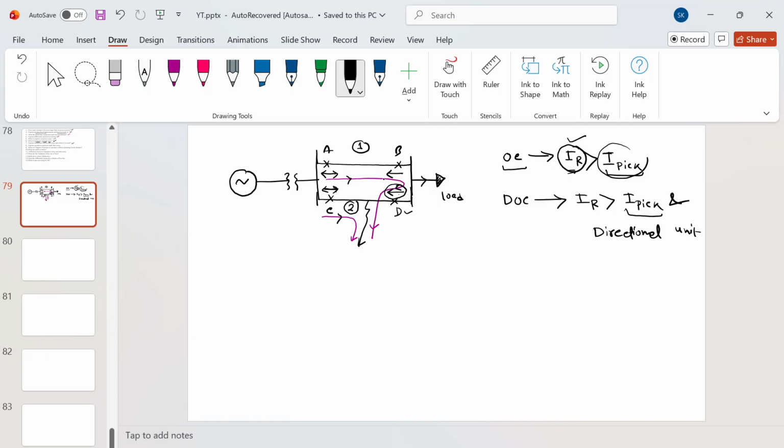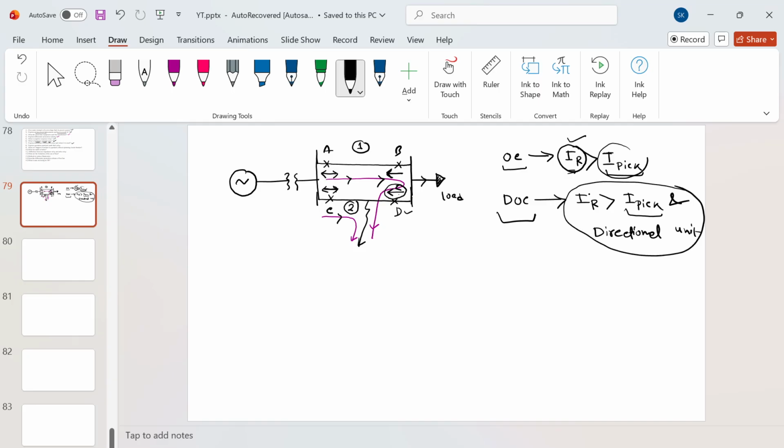But if you see the relay B, the direction of the fault current and the direction that we have given to the relay B is reverse. Although my fault current has increased, and the operating coil current is more than the pickup current, since it is a directional overcurrent relay, it should satisfy two things.